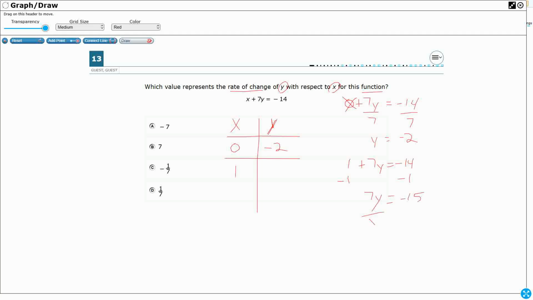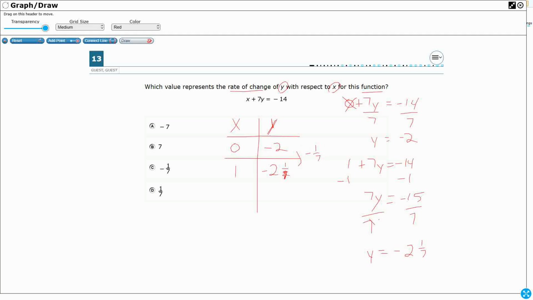So that's not going to be even. Divide by 7, so y equals negative 15 sevenths. I can do negative 2 and 1/7. So that change right there is negative 1/7.